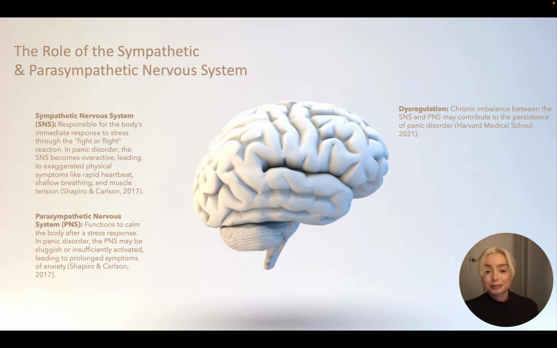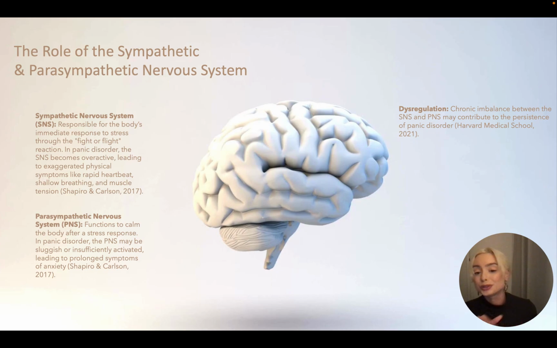The PNS comes in after such physiological events and tries to calm down the body. In panic disorder, though, the PNS may be sluggish or not as efficient in calming down the body and subsequently the physiological responses that come with panic attacks or the heightened SNS state.